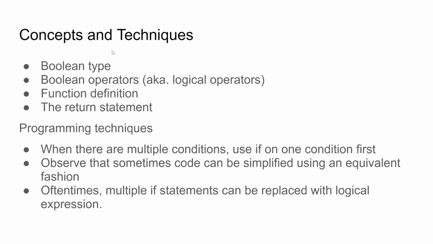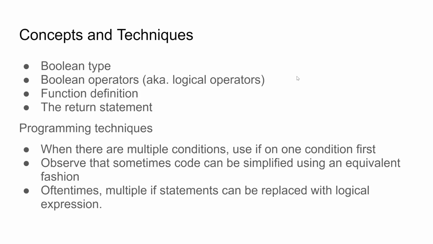To recap, using this codingbat example problem, we formally introduced the Boolean type, the Boolean operators and, or, not, and we also talked about function definition and the return statement. One thing is when there are multiple conditions, we use if on one condition first. When you are solving a complex programming problem, you want to break it down into simpler pieces, and this if does that.